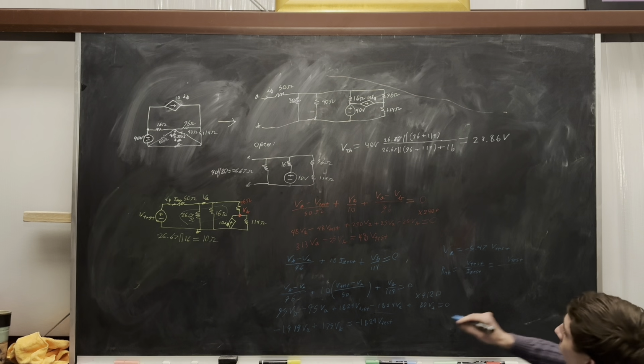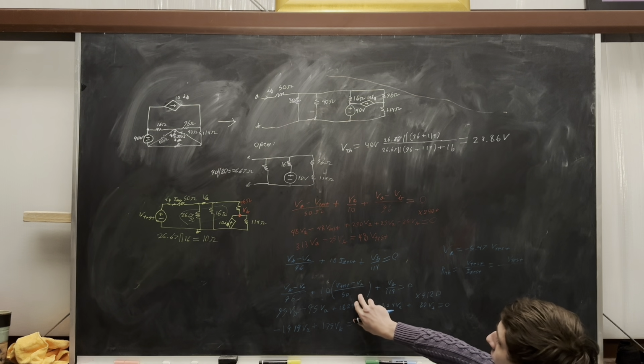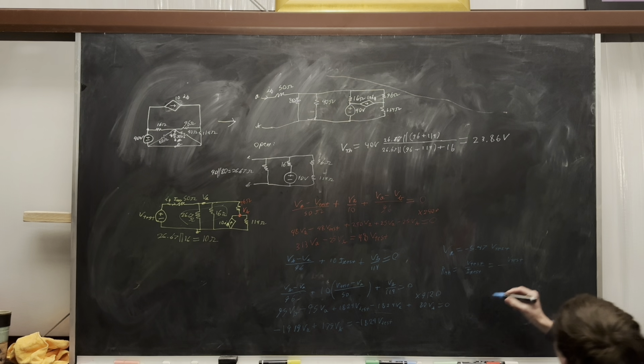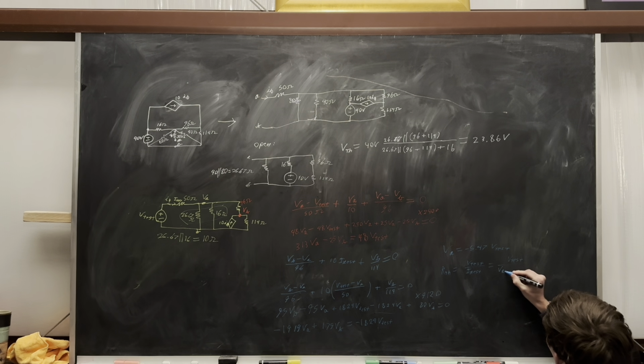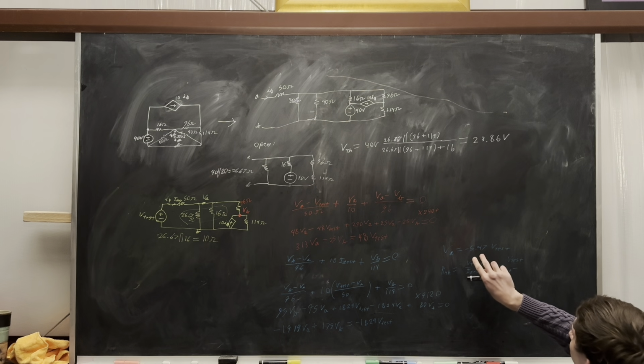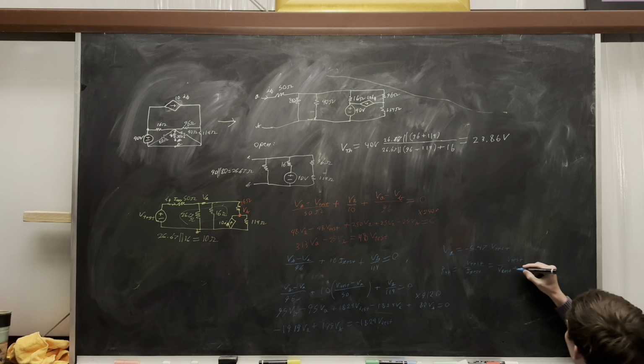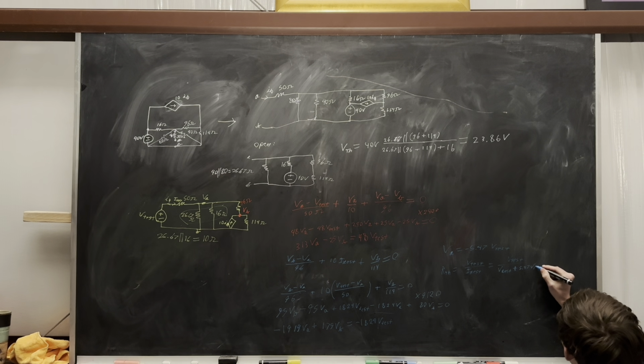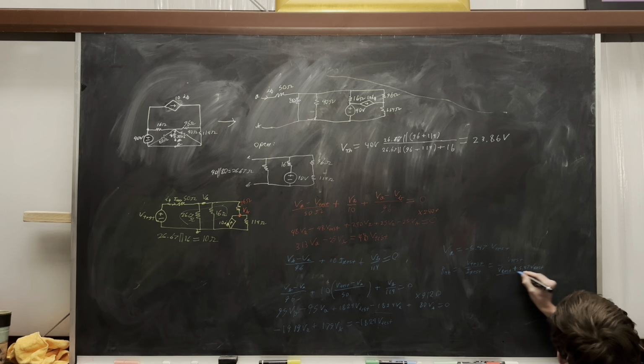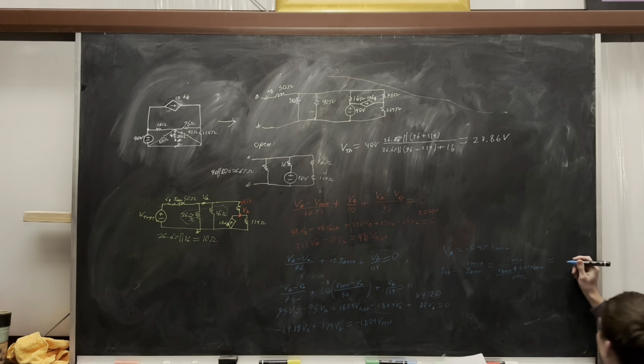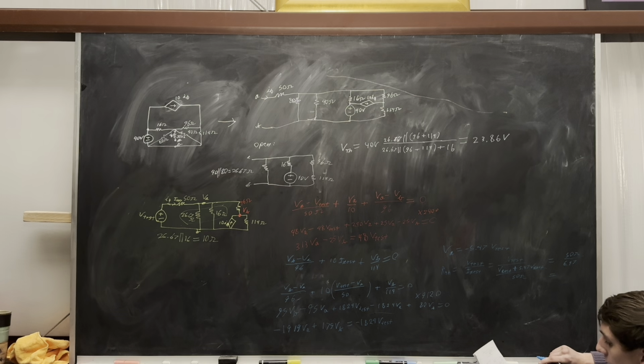You already have that expression, wrote it down here, for I test. It's just V test, and then we'll substitute this value in there, so it turns into a plus 5.47 V test over 50 ohms. You can see all the V tests will cancel, so we'll get 50 ohms over 6.47, which turns out to be 7.73 ohms.